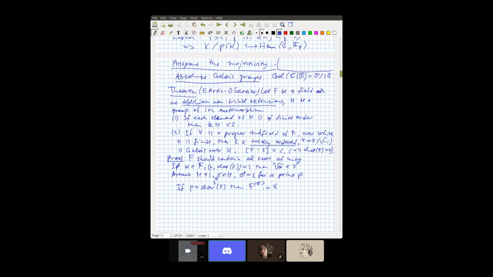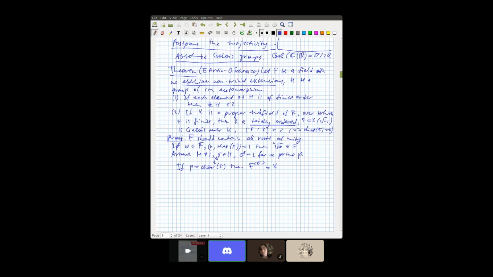So we know that then, unfortunately, we have to assume that this is an Artin-Schreier extension. Then we set K equal to the fixed field.